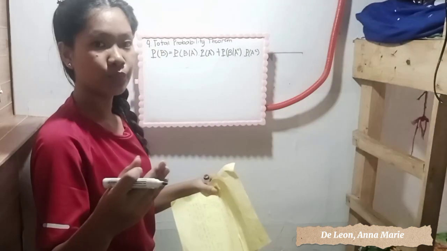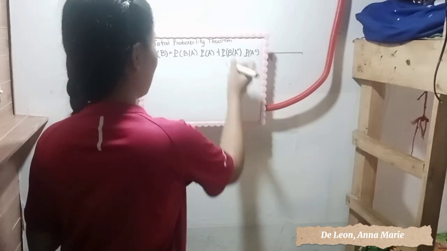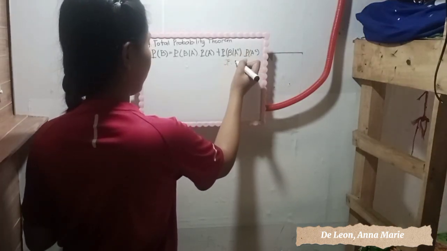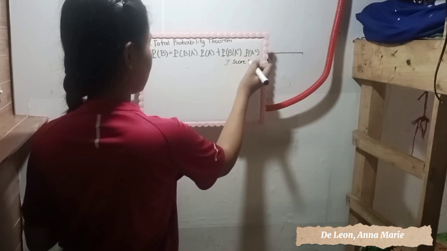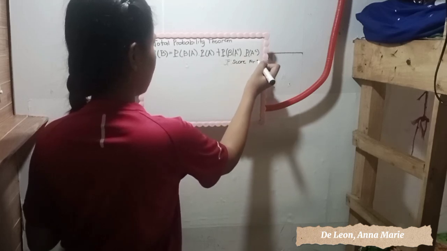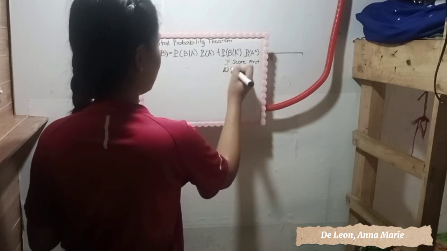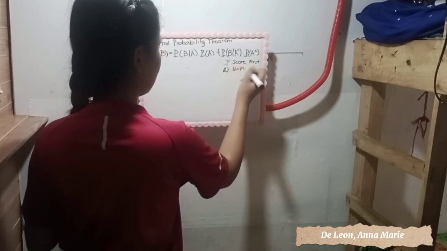First, we're going to let SF represent scoring first, and W represent win.